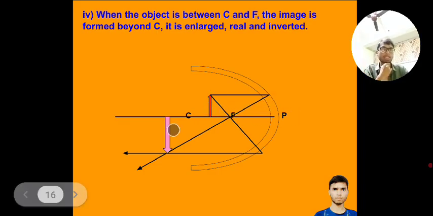This is becoming large and this is becoming small. As we are placing the object nearer to the mirror, it is becoming small, and the real image is becoming large.